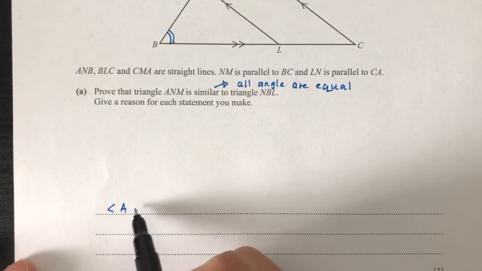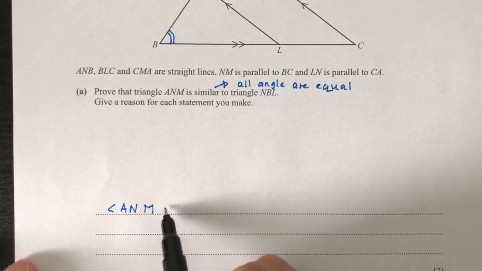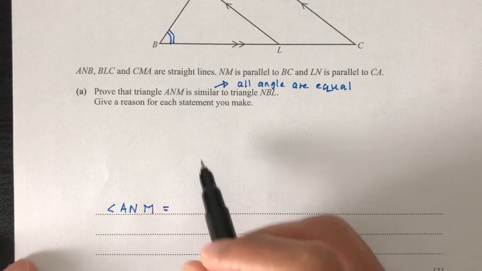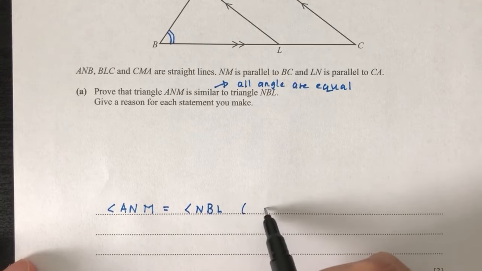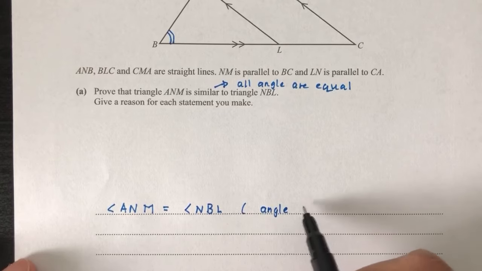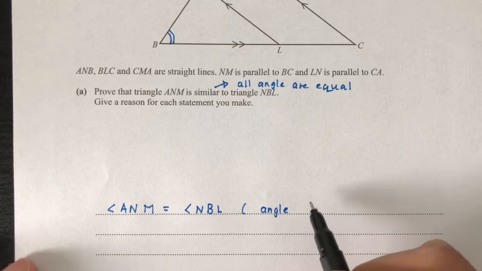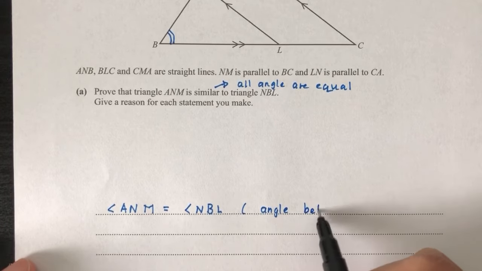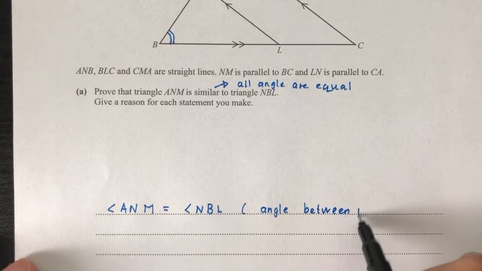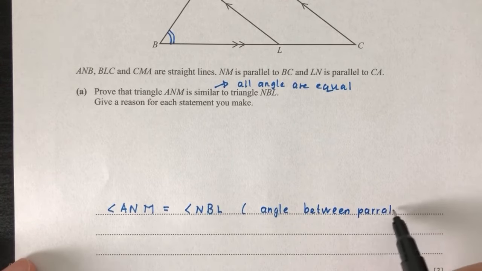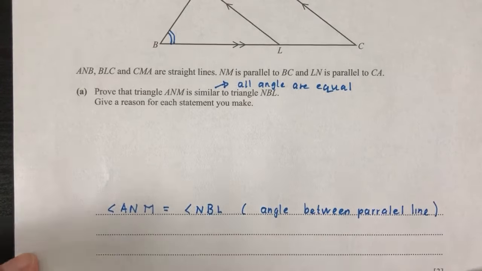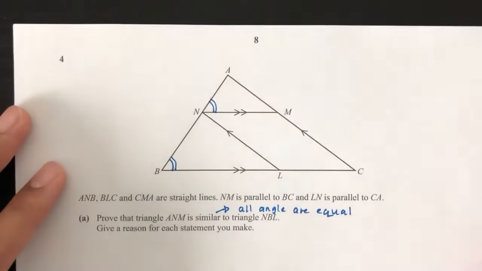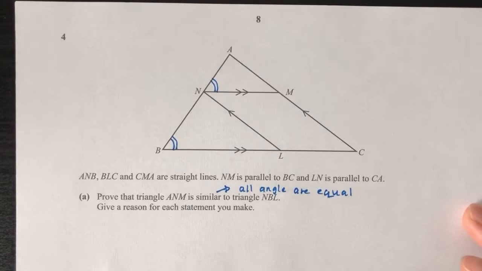Angle ANM is equal to angle NBL. The angle between parallel lines. They are joined by the same parallel line. So that's the first angle. Now what else can we have?